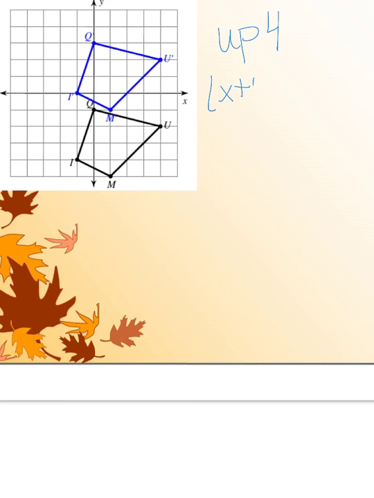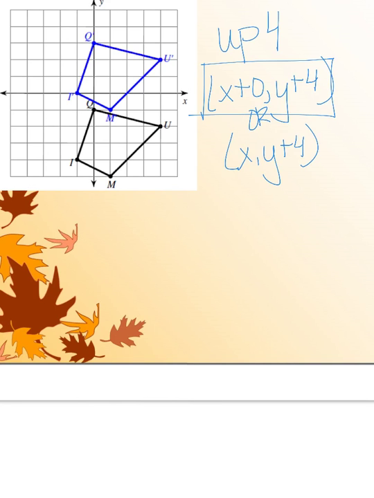So I'm going to do X plus 0, comma, then put in my Y movement. So Y plus 4. Again, that's what most students will do. You could also do this. Both are perfectly fine, but this is what most students will put for an answer on their homework, a test, or quiz. Okay?